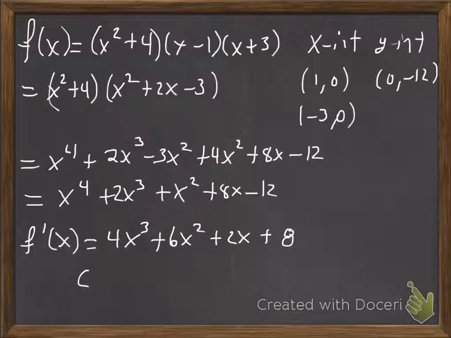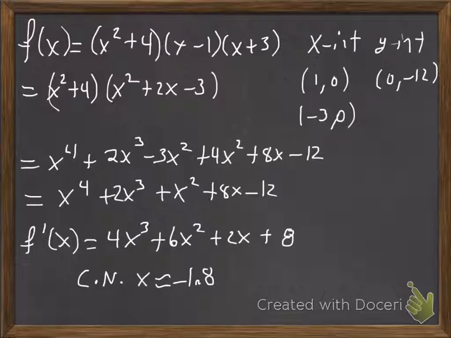So to set the derivative equal to 0 and then solve it is kind of hard to do with a cubic, so you can use your graphing program on your calculator and find where the intercept is by graphing this. I just used Wolfram Alpha, and it gave me a critical number where the first derivative is equal to 0 at approximately negative 1.8.